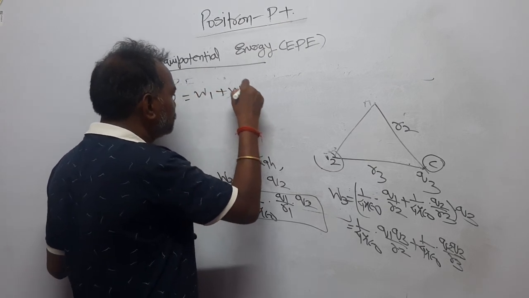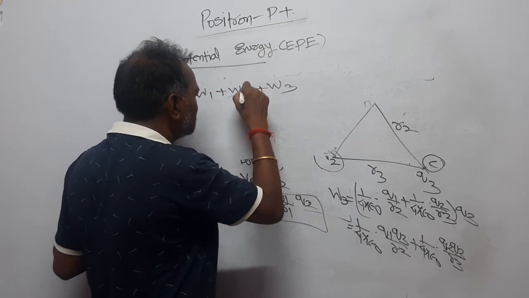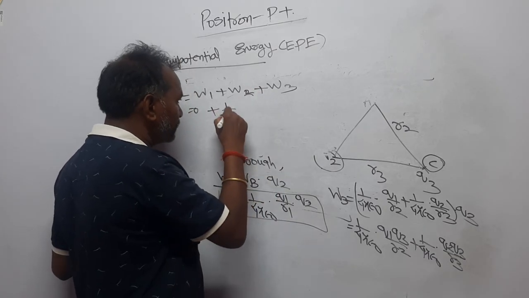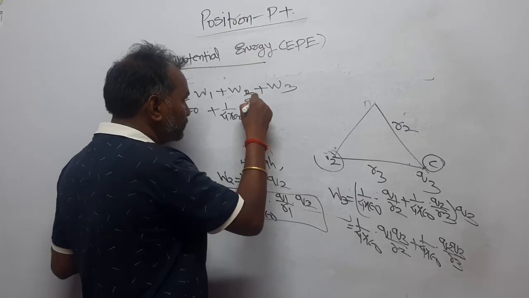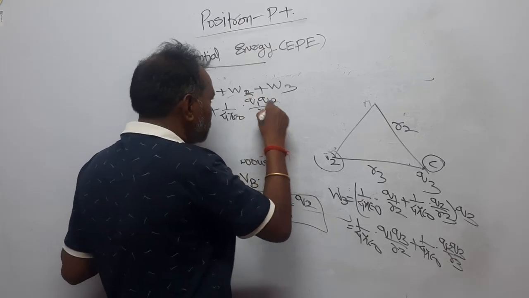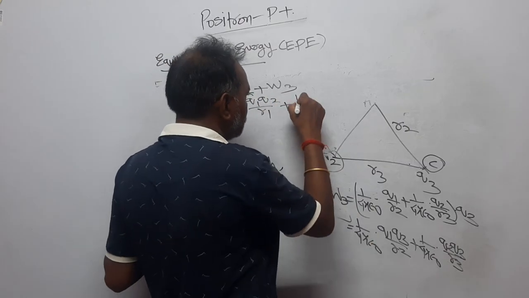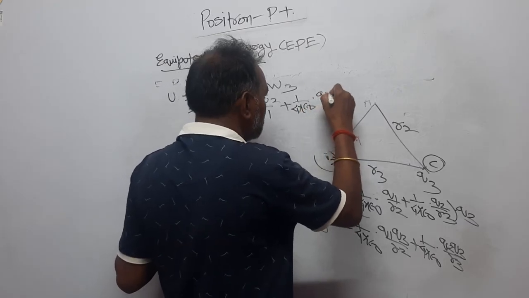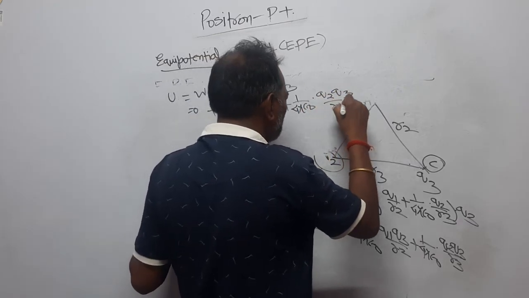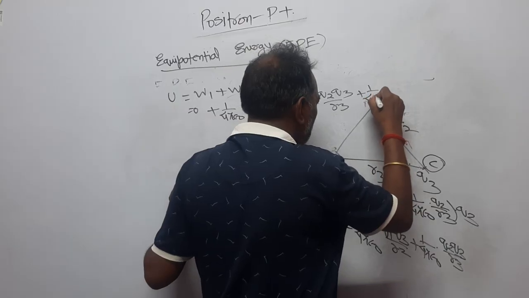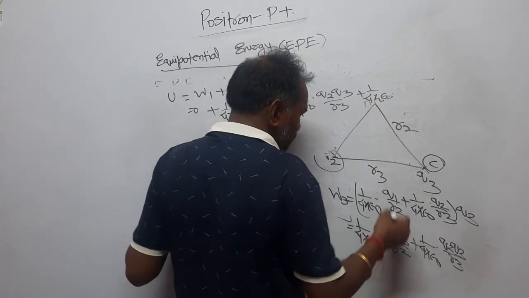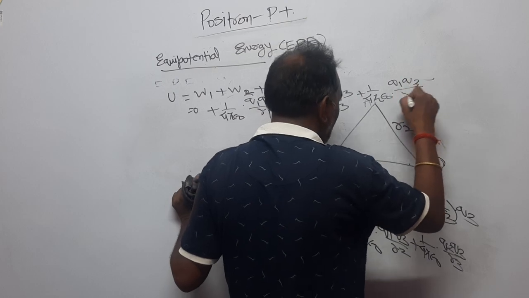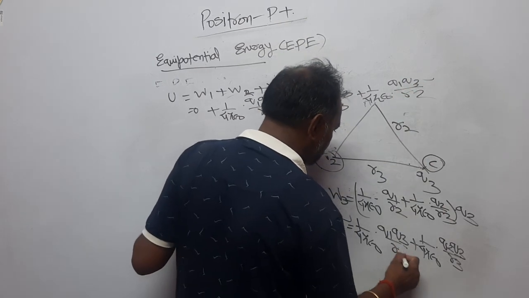W1 plus W2 plus W3, like this. W1 is 0, W2 is 1 upon 4 pi epsilon naught Q1 Q2 by R1, plus 1 upon 4 pi epsilon naught Q2 Q3 by R3, plus 1 upon 4 pi epsilon naught Q1 Q3 upon R2, not R square, R2.